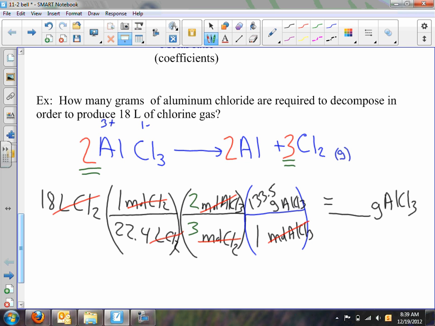Moles of aluminum chloride cancel out. These are the units we have left, which is what I'm looking for. So take your 18 divided by 22.4 times 2 divided by 3 times 133.5, and with 2 significant digits, you would have 72 grams of aluminum chloride.